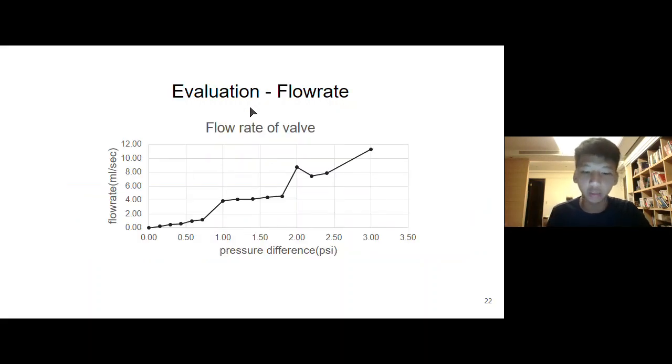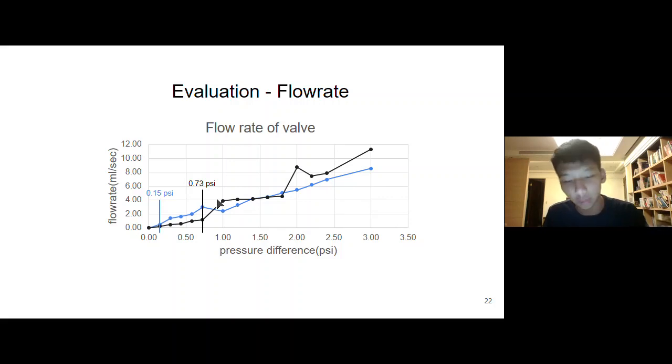We conducted an experiment to measure the flow rate under different pressure. As you can see, at the cracking pressure of the valve, the flow rate increased significantly as the valve is pushed to open. That is, by changing the cracking pressure, we can change the flow rate response of the system.